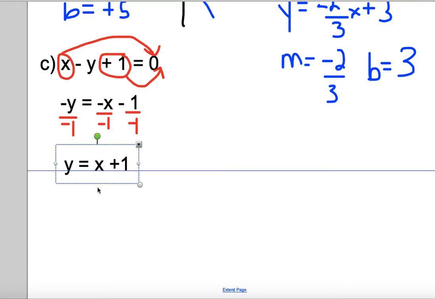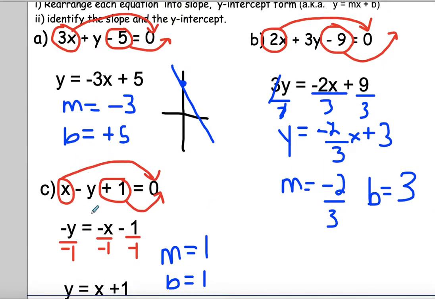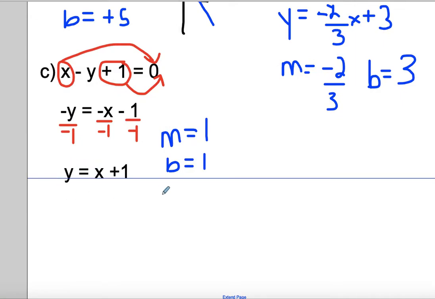So this final equation is y equals x plus 1. So our m value in this example, what's attached to the x, is a 1. And our b is also a 1. So that's rearranging in terms of y into the slope y-intercept form.